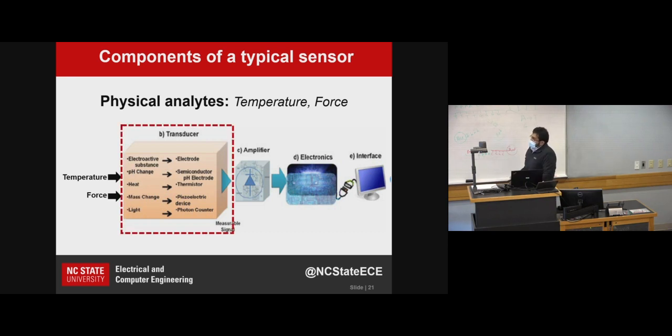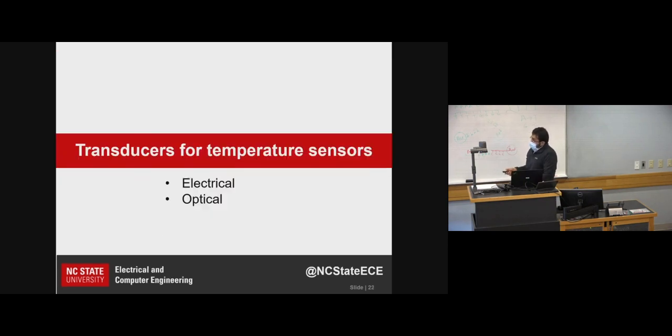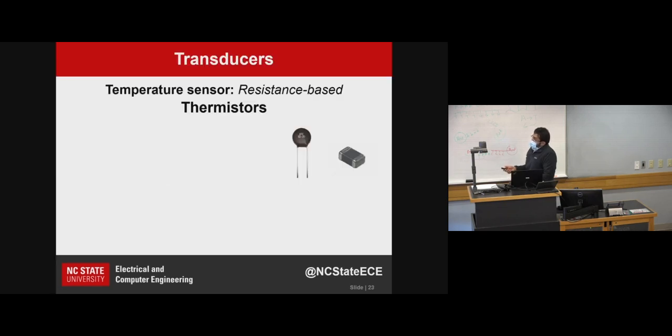So we'll talk about some of the transducers. The two transducers that we'll talk about are electrical and optical. Let's take the case of electrical resistance. Thermistors, as the name suggests, as the temperature changes, the resistance of these components changes. So by simply measuring the resistance, you can estimate the temperature.